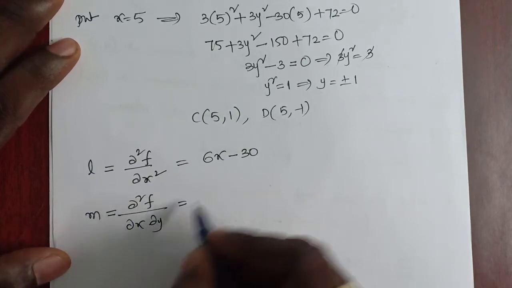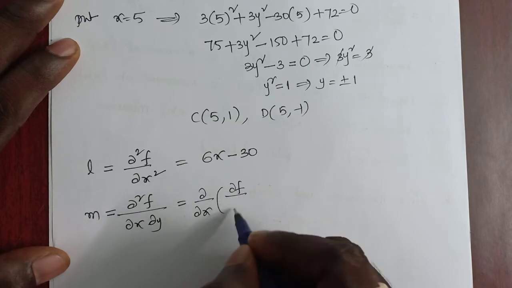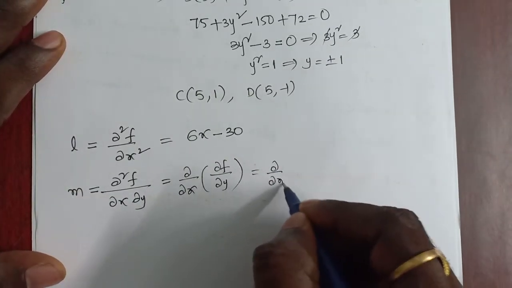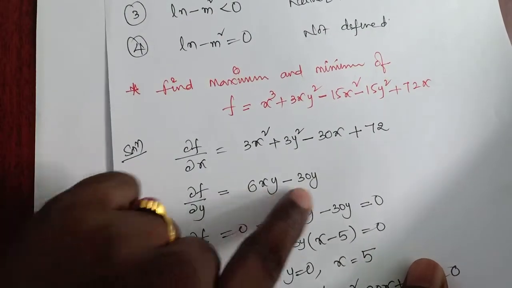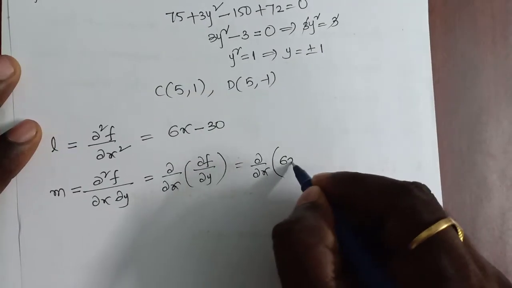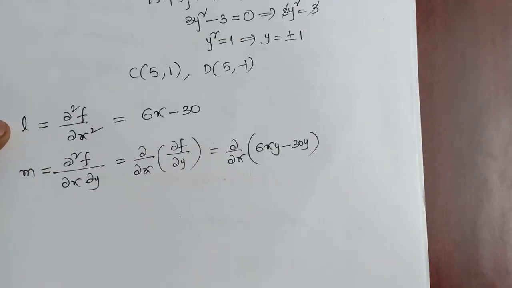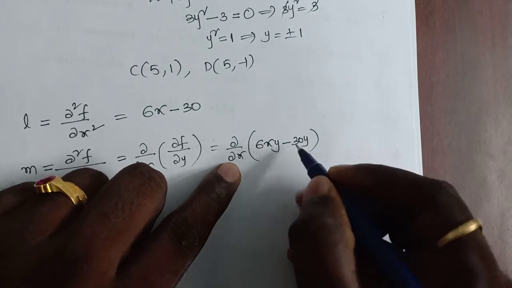Okay, for M, dou square f by dou x dou y. Now dou square f by dou x dou y can be rewritten as dou by dou x of dou f by dou y. So dou f by dou y is what we already got, 6xy minus 30y. Okay students, if you want to differentiate with respect to x, treat y as a constant so that it is 0.